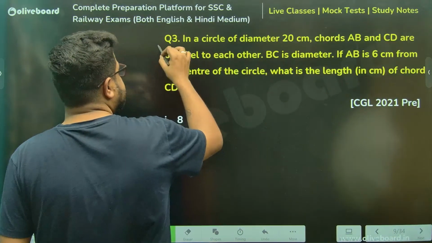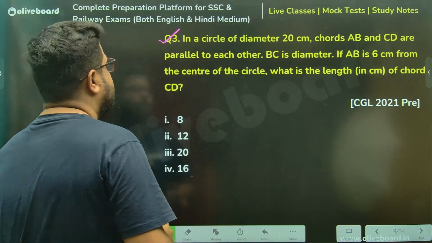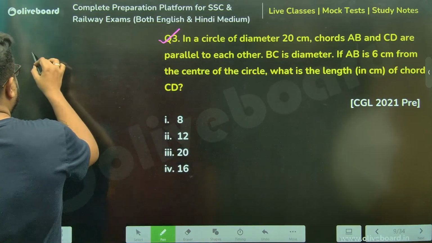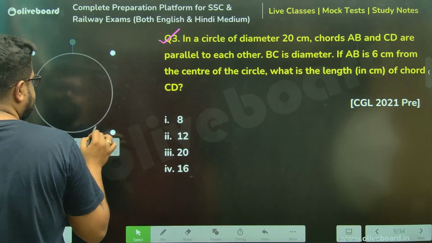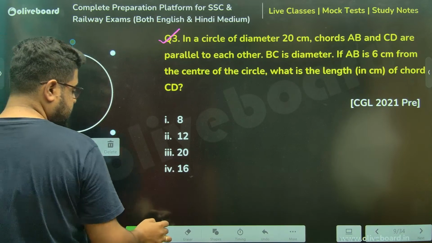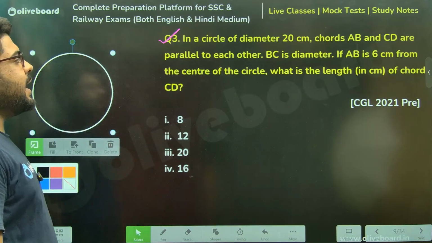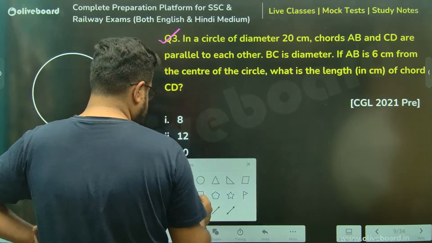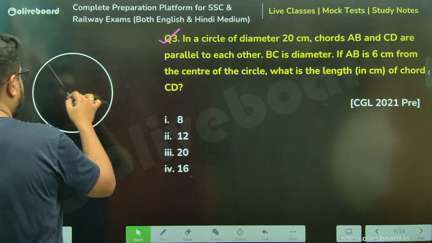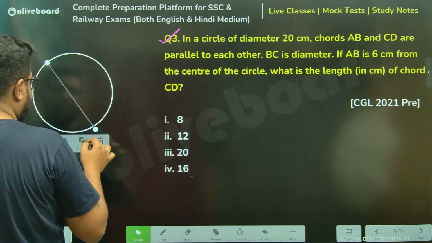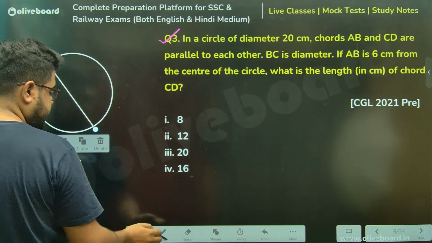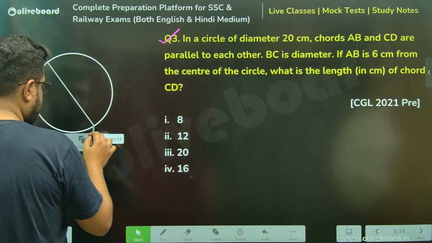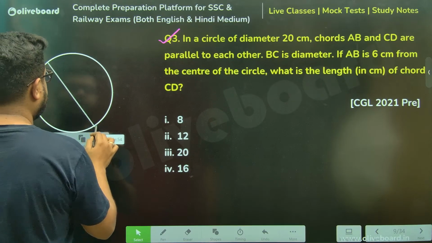Chalo, let's see. I guess this is easier. Let's see how easy it is. In a circle of diameter this, chord ABCD is this, BC is the diameter, you see. Looks like a diameter.